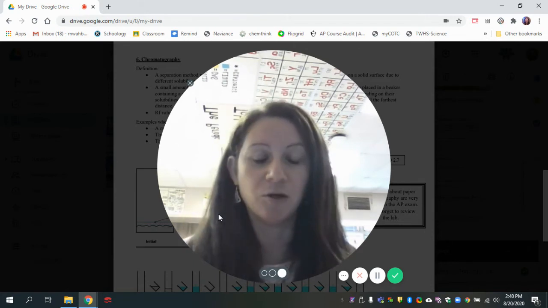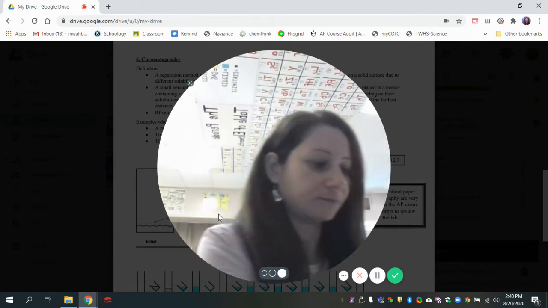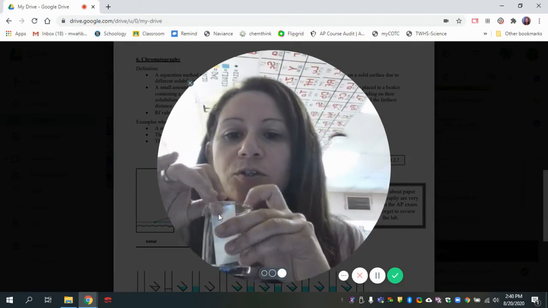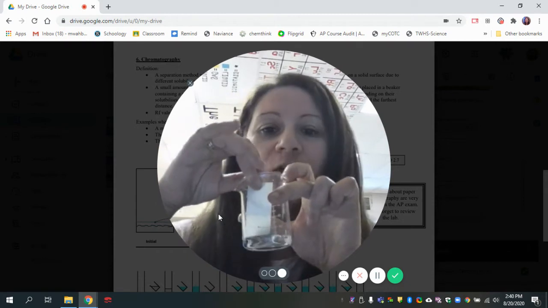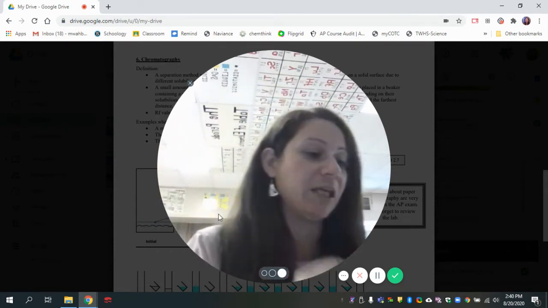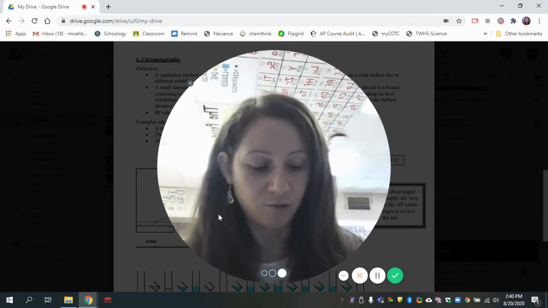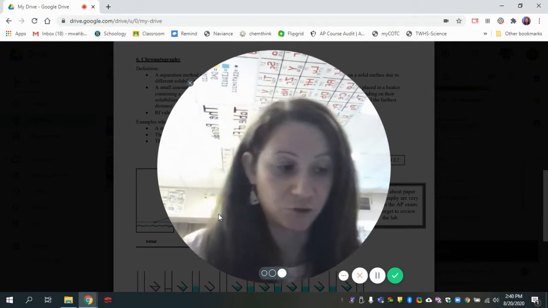So I want it to be below and you let it sit like this. When the water level gets close to the top, you want to take it out and immediately mark where the waterfront was, where the water traveled to.